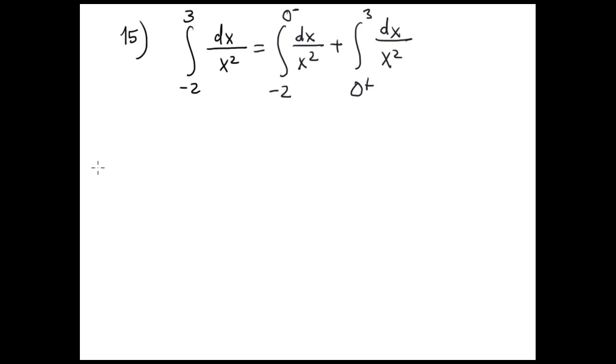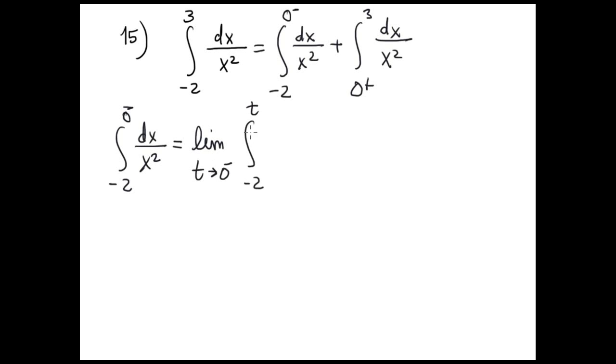Okay, let's do the first one. The first one is the integral from negative 2 to 0 minus of dx over x squared. This is equivalent to the limit when t approaches 0 minus of the integral from negative 2 to t of x to the minus 2 dx.